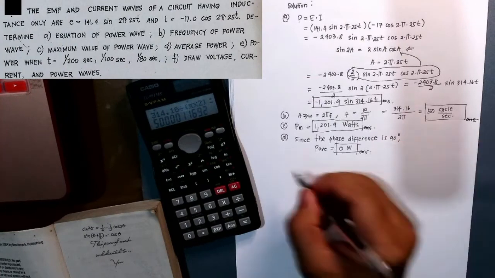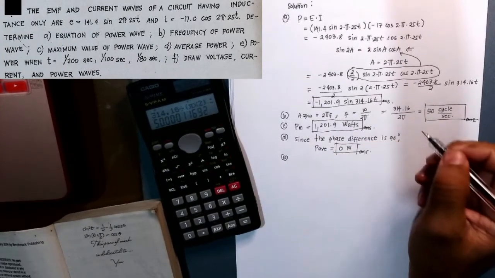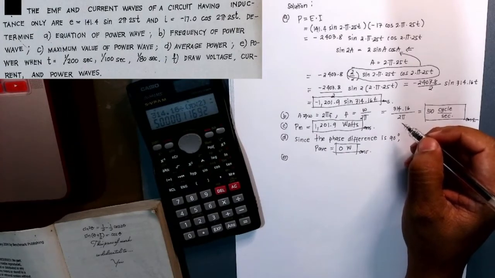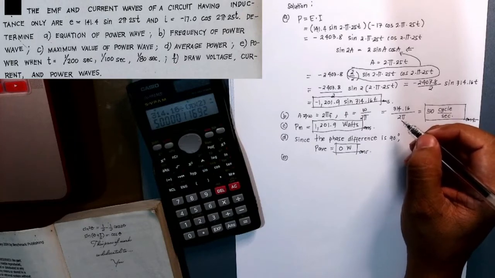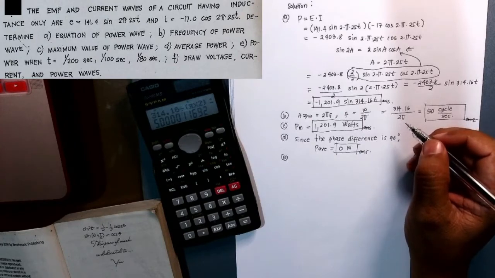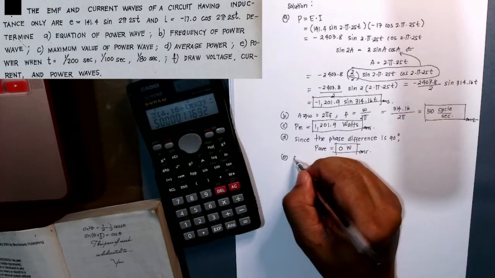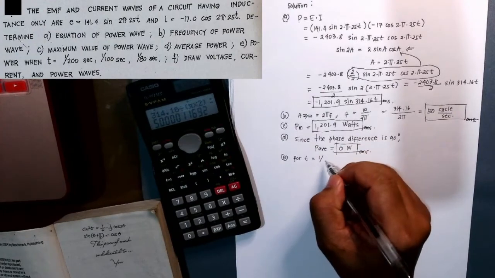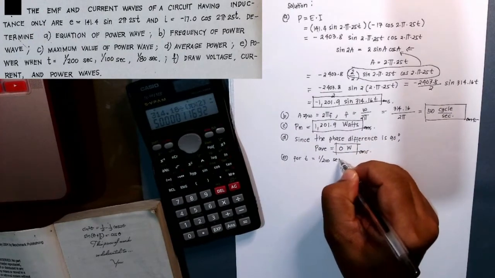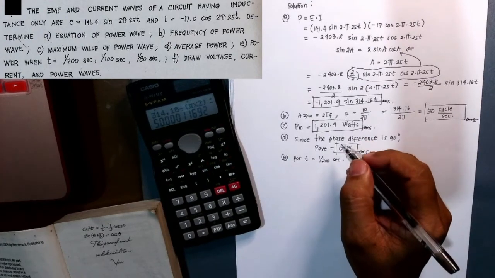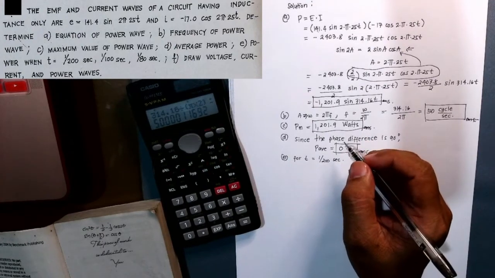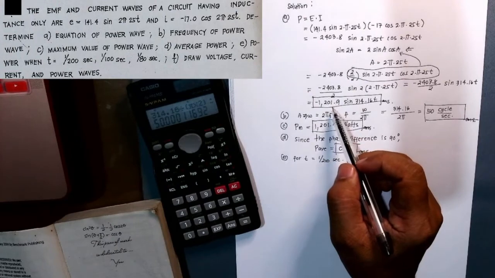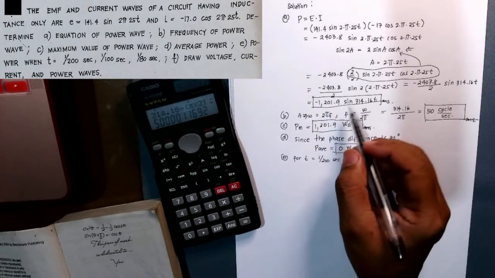And for letter E, we are tasked to get the power when t has a value of 1 over 200 seconds, 1 over 100 seconds. For t equal to 1 over 200 seconds, what will be the value of the power? So we are to use the equation of the power wave.